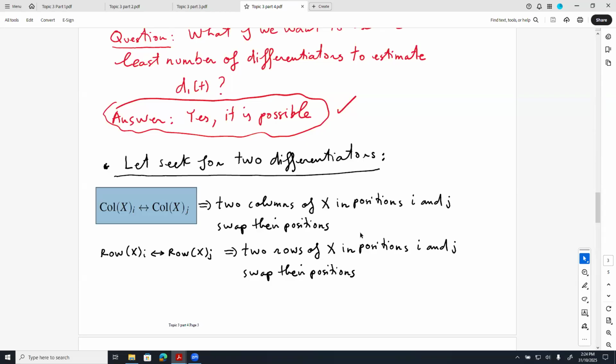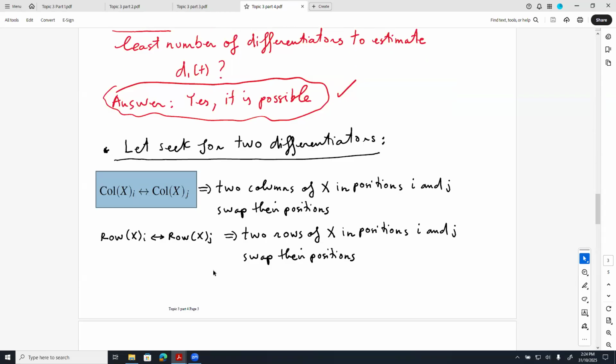When we write that kind of notation down, it explains that column I and column J swap positions. And similarly, here the I row of matrix X and the J row swap positions.